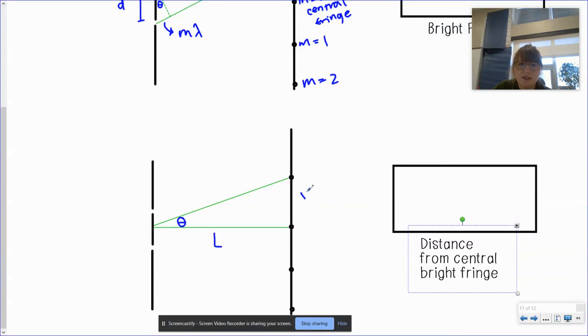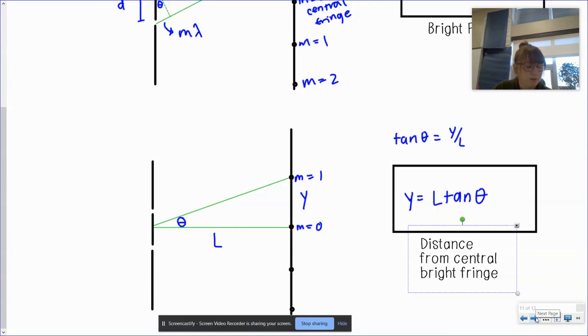And then this distance, y, again, from the central fringe to the outside, we can use a little trig again. This will be a tangent angle. So tangent theta equals y over L. This is usually written as a y equals equation. So y equals L times the tangent of theta.